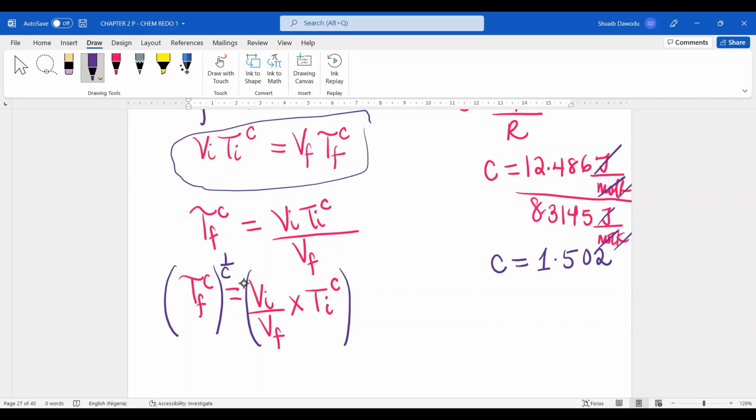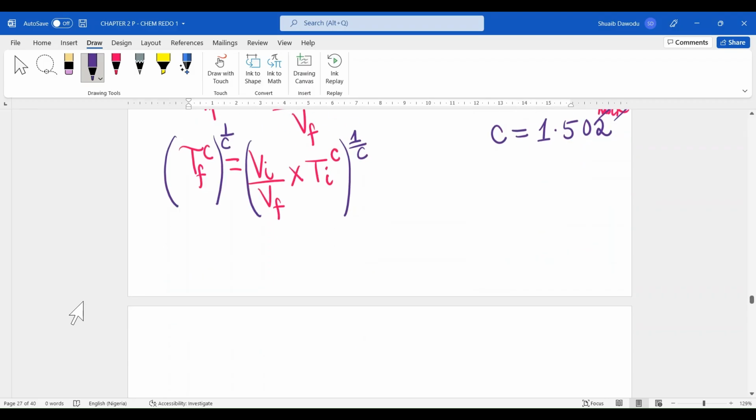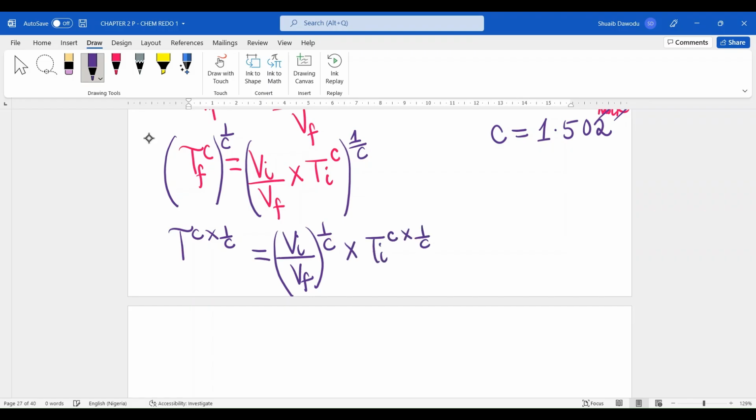So T to the power of C times 1 over C is equal to V initial divided by V final raised to the power of 1 over C, times T initial raised to the power of C times 1 over C. We cancel out the C values here and here.